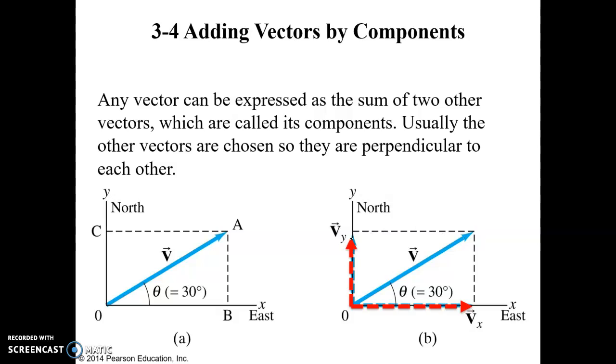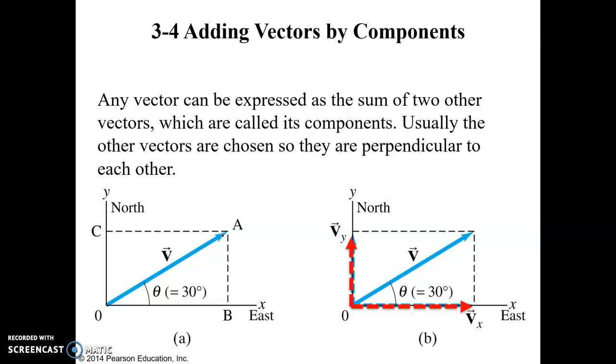As it turns out, when we are going to need to add vectors together that are given to us as diagonal, what we are going to need to do to these diagonal vectors is break them down into vertical and horizontal components. So in other words, we're going to have to do the reverse process of adding vectors together. We're going to have to take this diagonal vector and find out what its horizontal and vertical components are.